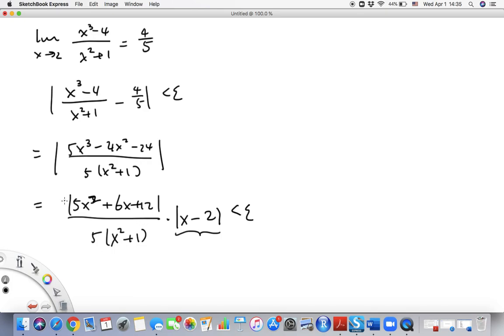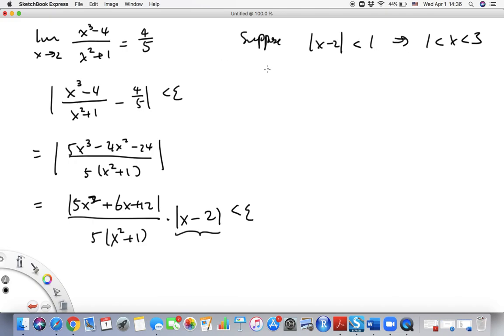But again, this thing here depends on x. So how do we get rid of that? Again, we can focus our attention on a certain interval. Suppose the absolute value of x minus 2 is less than 1, let's say, then that implies x is between 1 and 3.